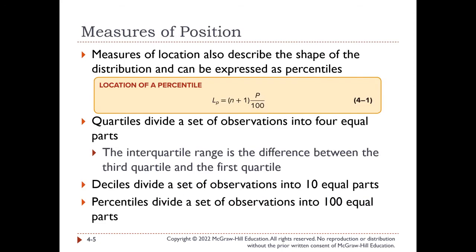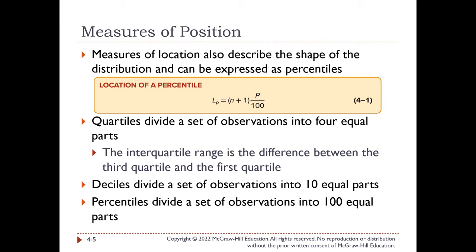So let's look at our next formula. Yes, the formulas that you have to use in stats. The next one that comes to you is known as measure of position, which basically measures the locations, also describes the shape of the distribution, and can be expressed as percentiles.